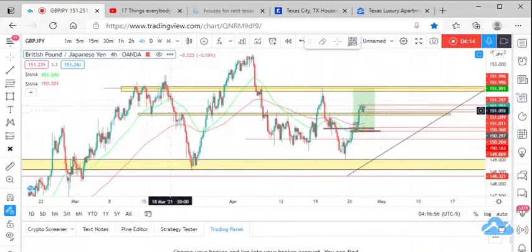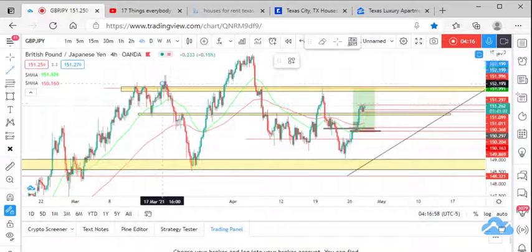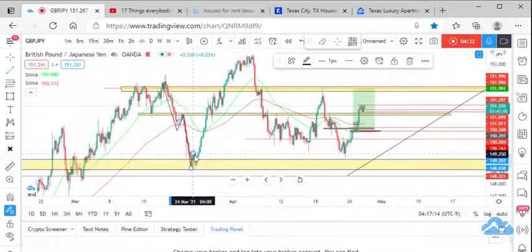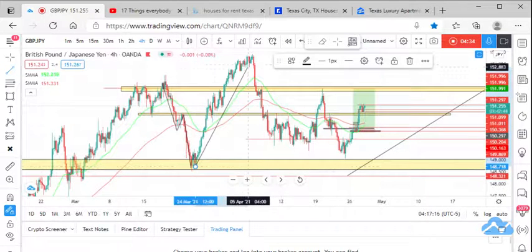If you want to be patient, you could have waited for price to break this, then retest. So you see how this support now is resistance. So it went from support to resistance, and it shot down, and then it created that W again, and it shot all the way up again.